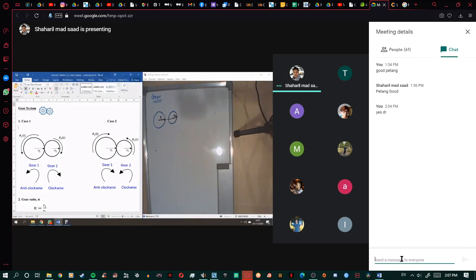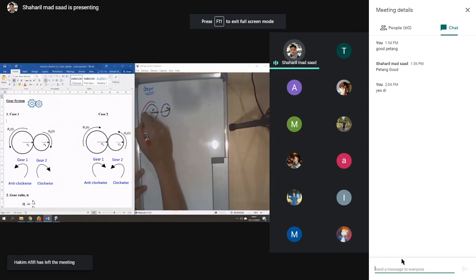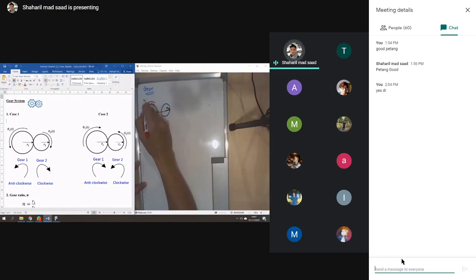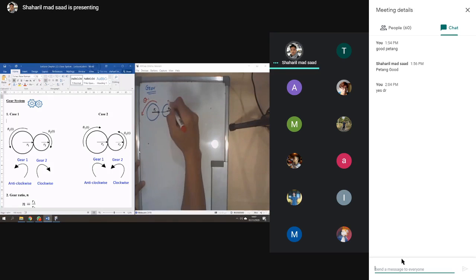Then you have the input. As I mentioned before, look at the input first. The input is the angular displacement theta 1, or theta I. That means you will have the angular displacement for gear 2 at theta 2.